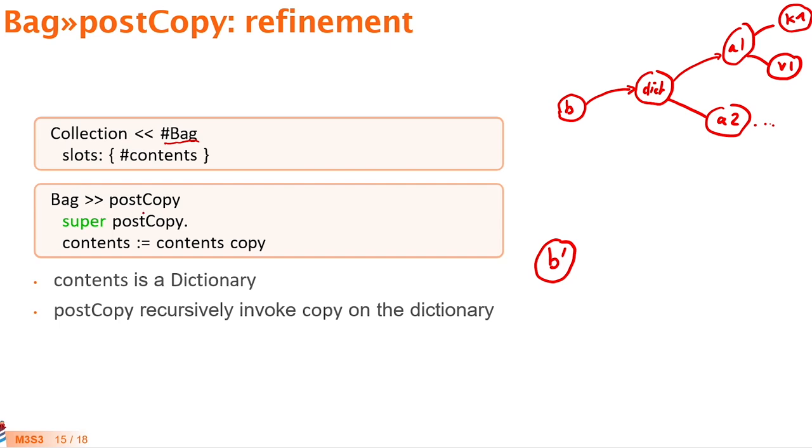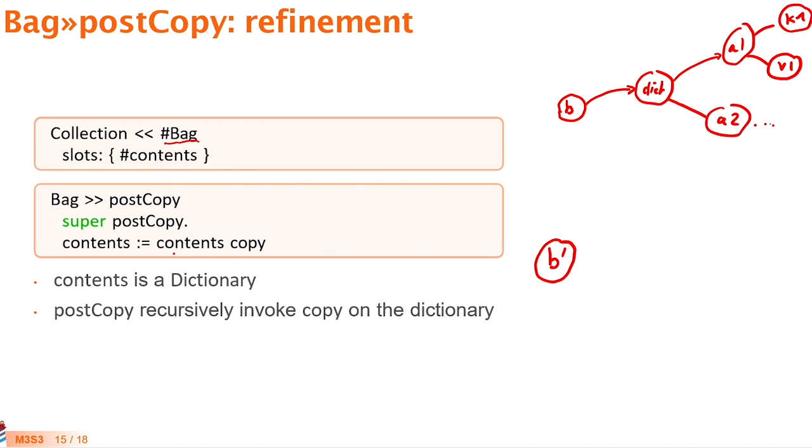For that, I will redefine the postCopy inside the Bag, and I will extend it. It means that I will copy the bag, B will become B prime, but I should also copy the dictionary, otherwise they will be shared. And I don't want the dictionary to be shared between the original bag and the copy.